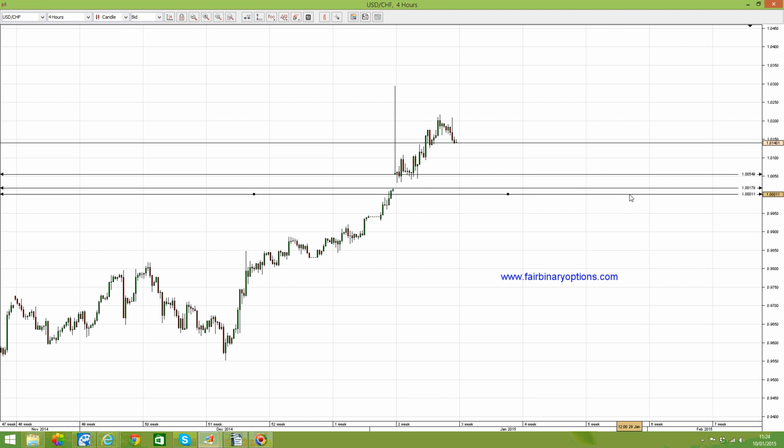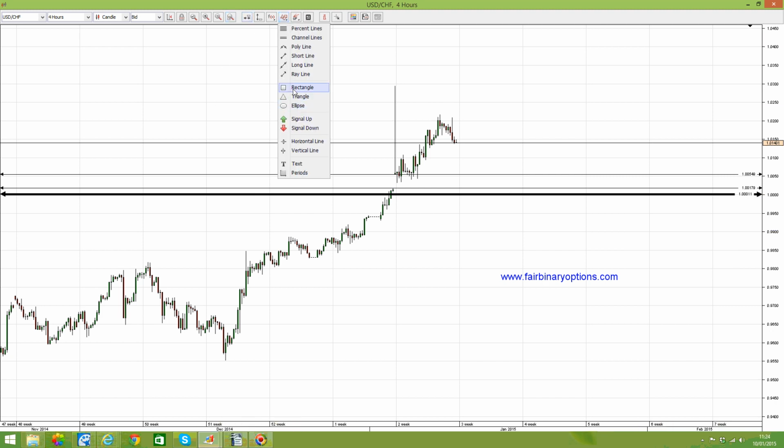So the area between 100.55 and 100.18 is not only going to be revisited, but tested.